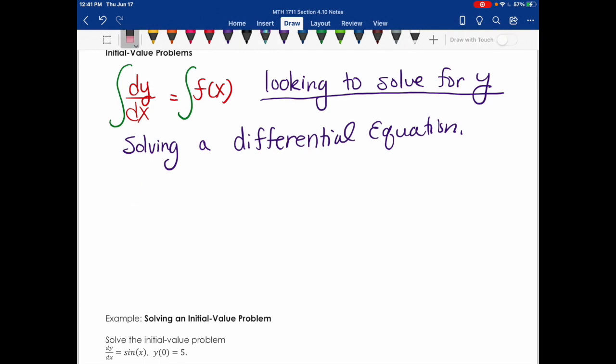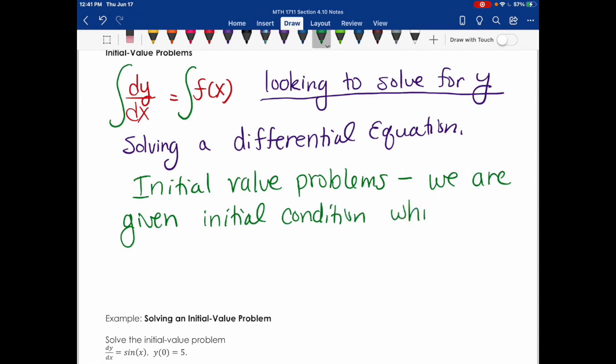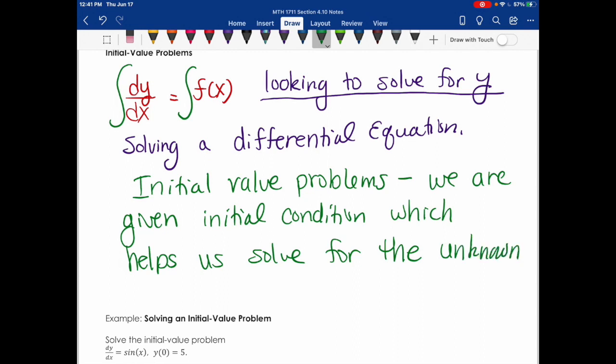So in initial value problems, we are given what's called the initial condition, which helps us solve for the unknown constant.